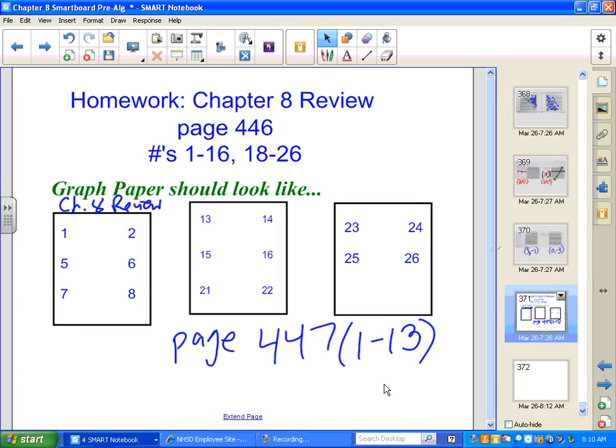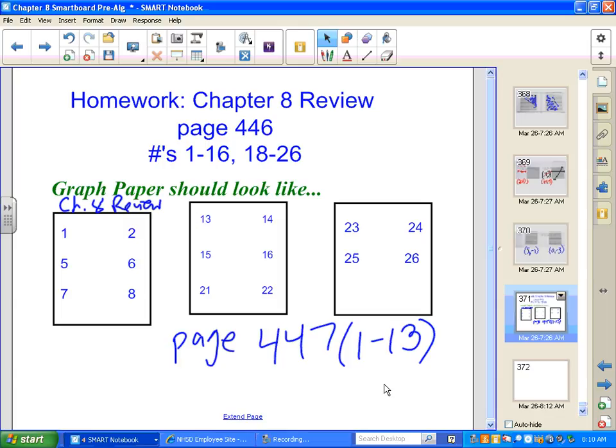You need to number them just as I have them numbered up here, because you're not graphing all of them. The ones you have to graph I already noted up here. So 1, 2, 5, 6, 7, 8 for the first page. Second page, 13, 14, 15, 16, 21, 22.